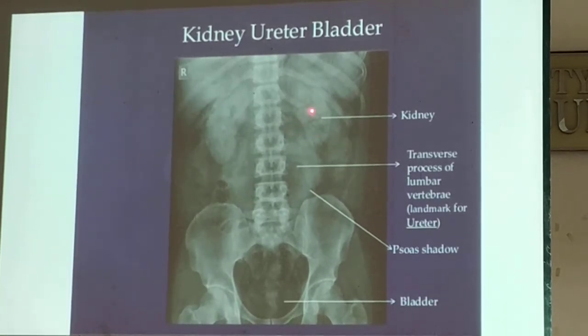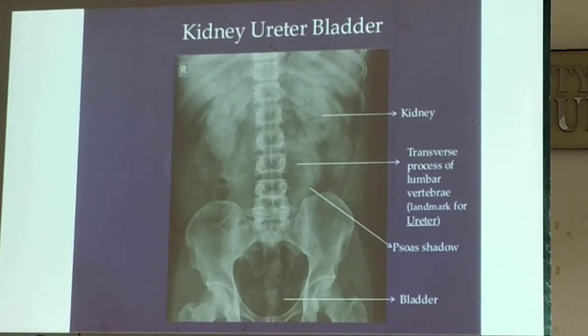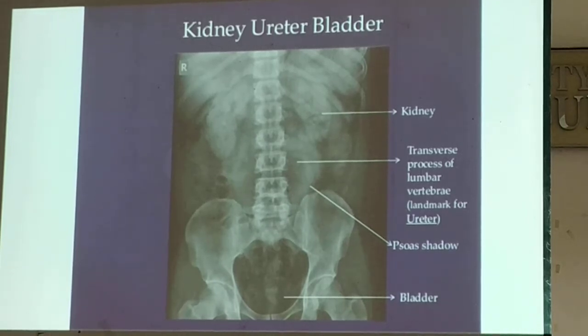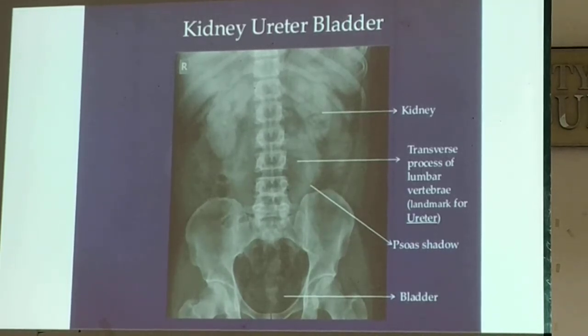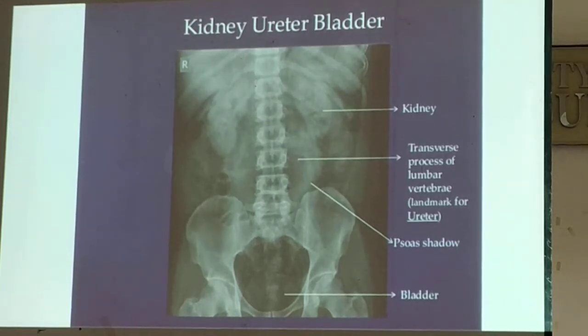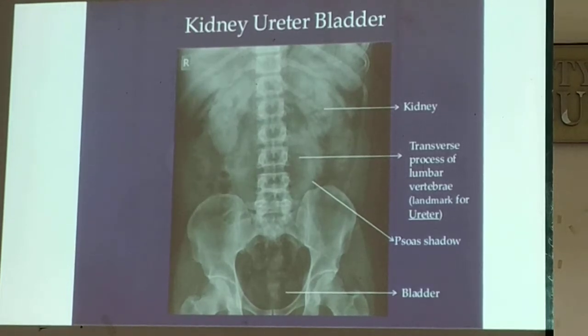So, this is the shadow of your right kidney and this is the shadow of your left kidney. This could be your nephrogram effect. This could be the second film of your IPP examination. Because the first film would always be, in any special procedure, your scout film. Okay?